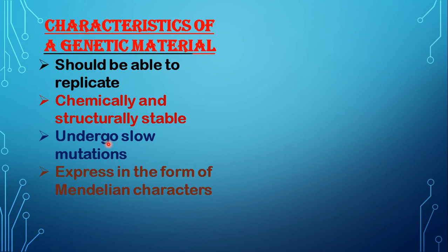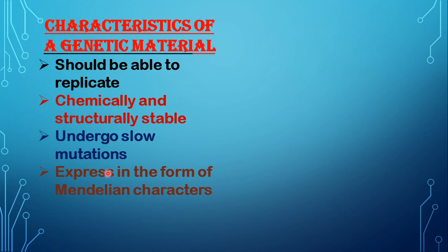Then expression in the form of Mendelian characters, that means whatever is acting as the genetic material should be able to form proteins, which are the ultimate expression of characters. DNA can definitely help in formation of proteins. Even RNA can help in formation of proteins.